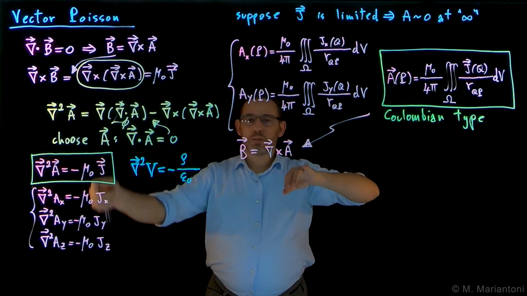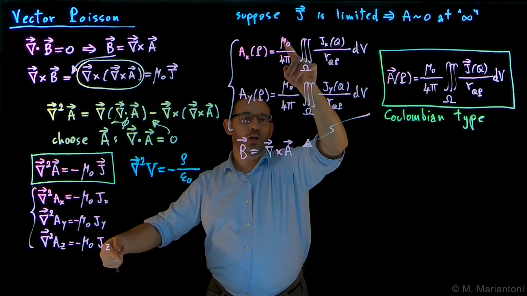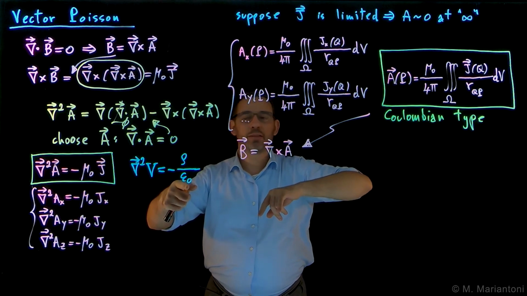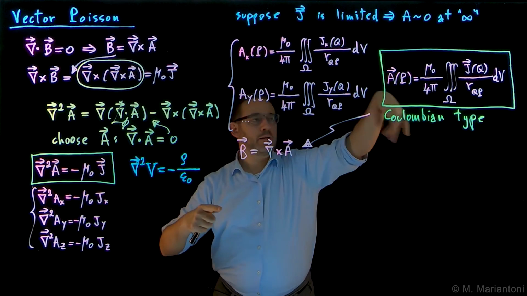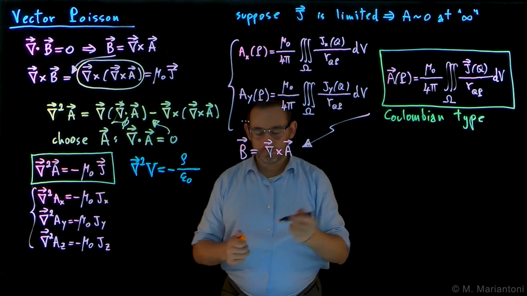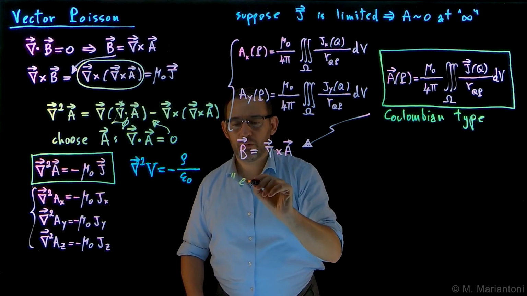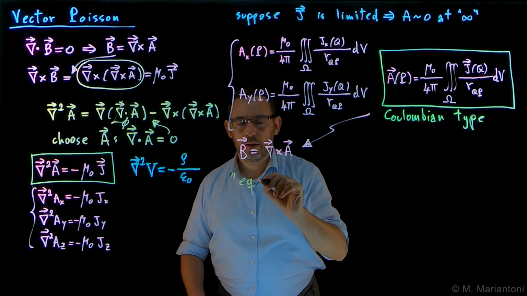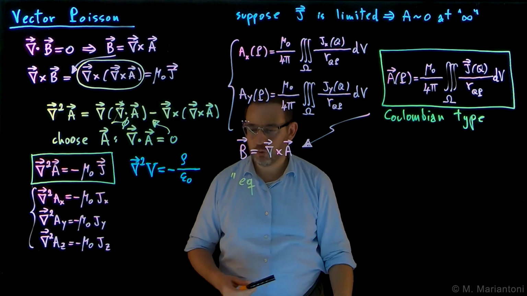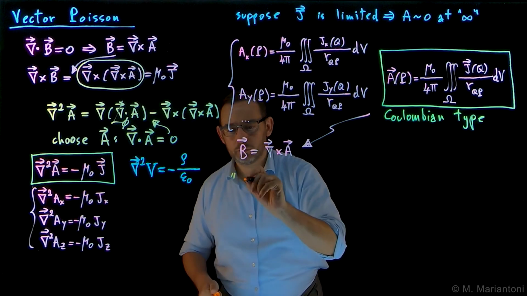Under these conditions, each of these solutions is Coulombian type, like that, but now mu naught is in the numerator instead of epsilon naught in the denominator. We can sum them up as a vector, take the curl of A, and obtain B. The key is the following, one of my favorite ways to solve problems in physics: same equations, same solutions, which in fact is a sentence from Feynman.